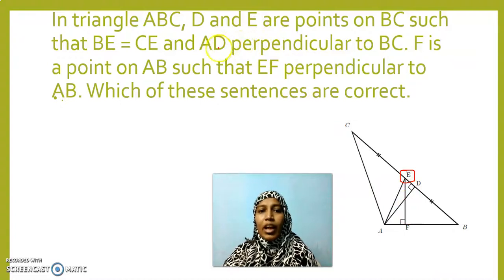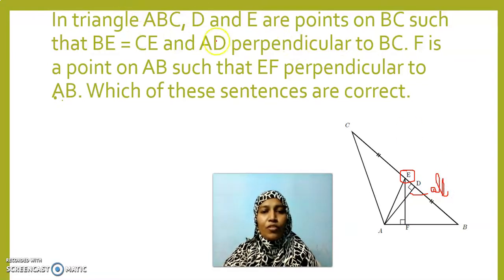Okay. Then AD is perpendicular to BC. They have given AD is perpendicular to BC. Is it necessary for this D to be the midpoint? No need. It's just a perpendicular line. So it denotes an altitude. This AD is an altitude. Is it clear? Okay.